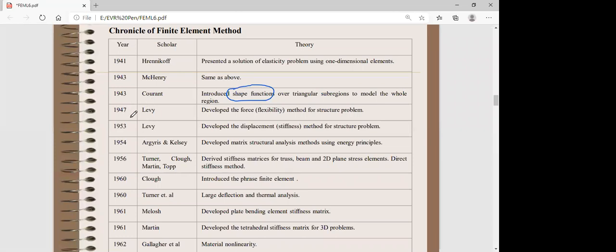In 1947, Levy developed the force method or flexibility method for structural problems. In 1953, again Levy developed the displacement stiffness method for structural problems. In 1954, Argyris and Kelsey developed matrix structural analysis using energy principles.